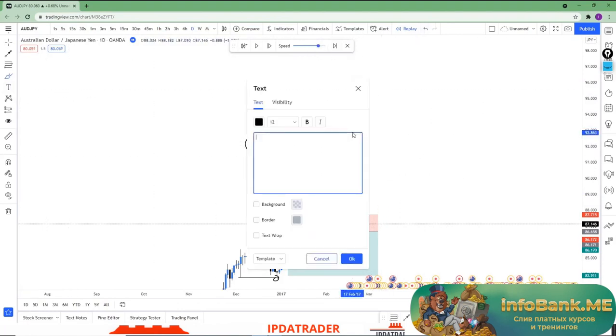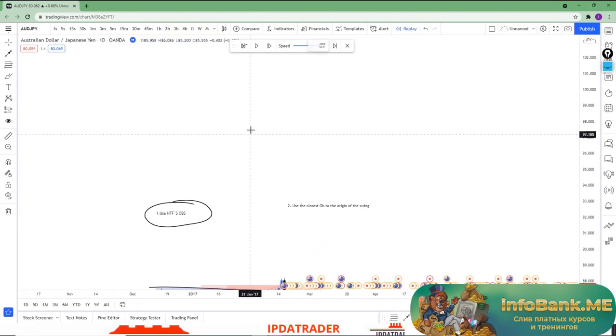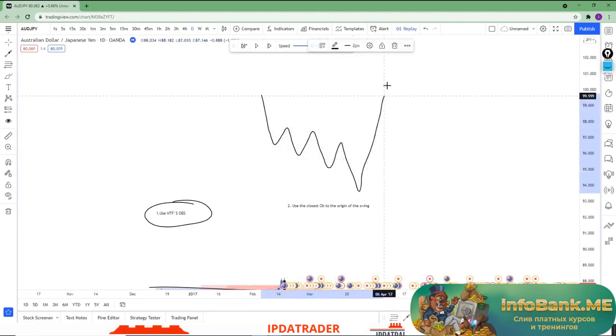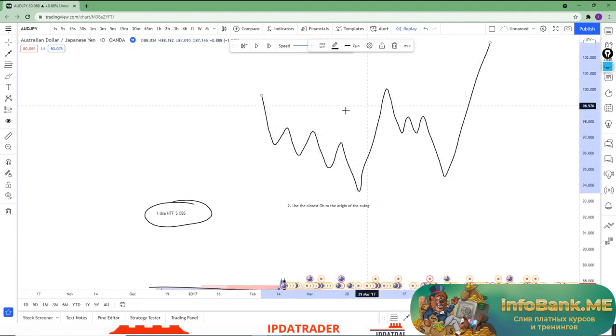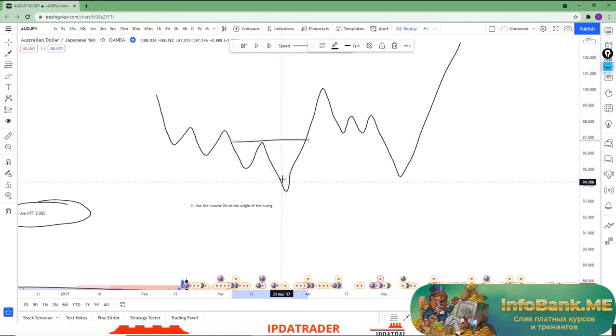The second thing I'll recommend you do is use the closest OB to the origin of the swing. To illustrate that, let's imagine a downtrend. So this right here is your break.